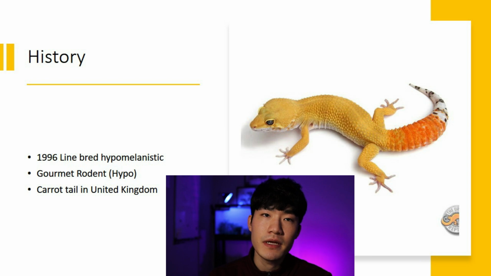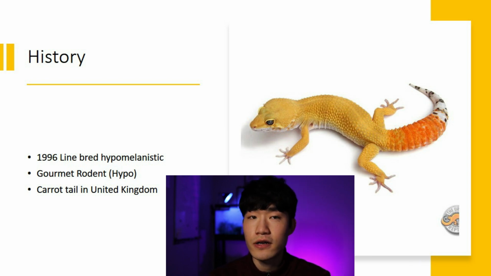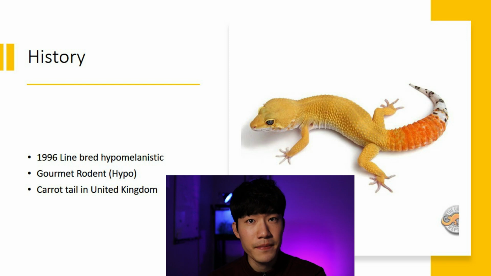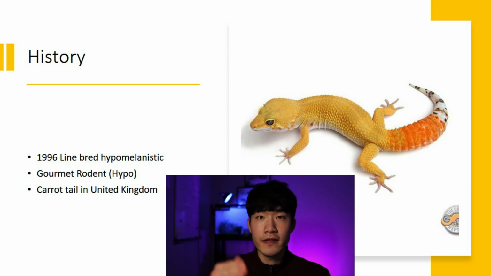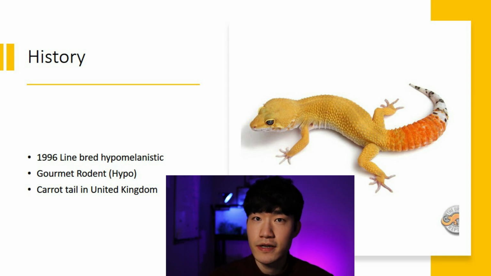I think they named it that because it looks very similar to a carrot color. Back in the time when things were just getting started with the super hypo tangerine leopard geckos, a lot of people mainly focused on that solid yellow color with the carrot tails, and that was considered a good quality gecko back then.